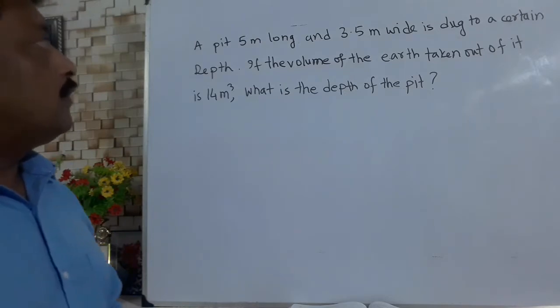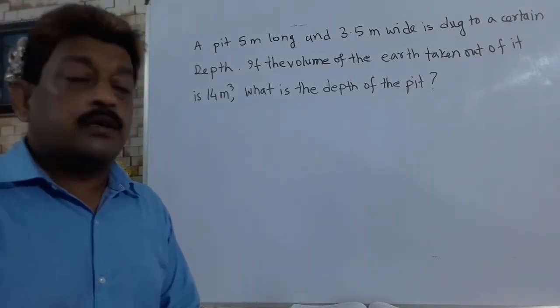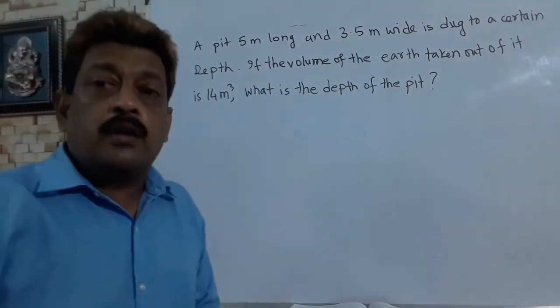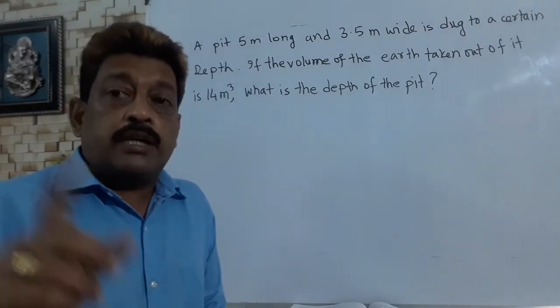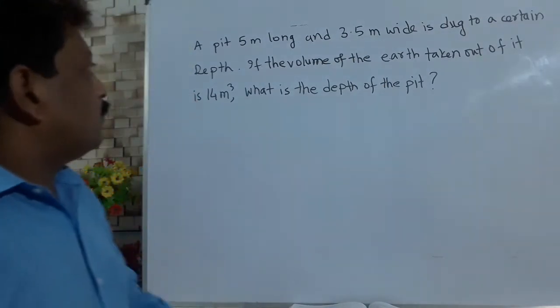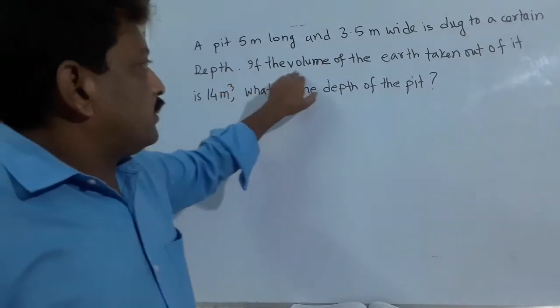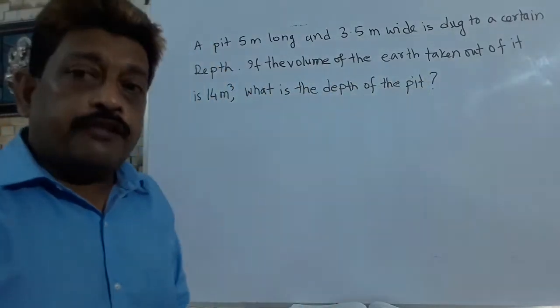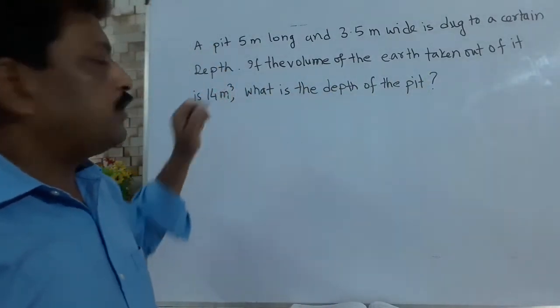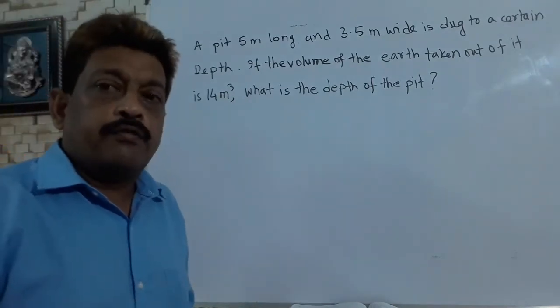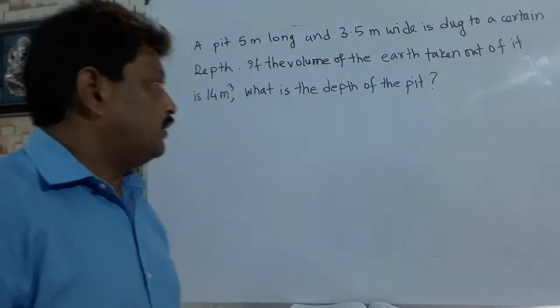A pit 5 meter long, that is, the length of the pit is 5 meter and the width is 3.5 meter, but the height is not given. We have to find the height. Then it is also given that the volume of the earth taken out of that pit is 14 meter cube. We have to find the depth of the pit.